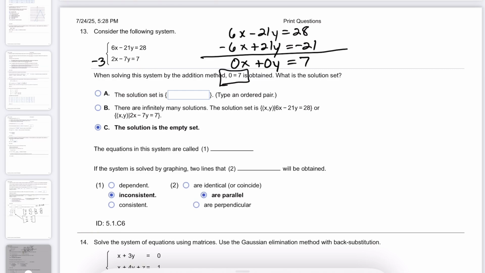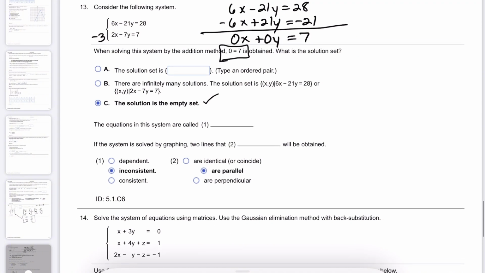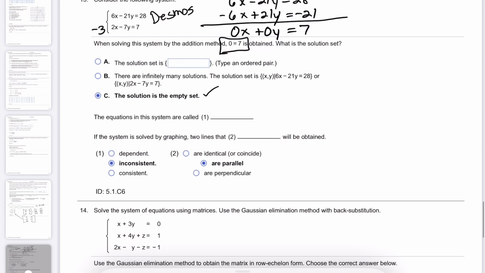So the solution set is empty. It is inconsistent, and inconsistent means that there's no solution. So that's right here. And then those lines are parallel, means they have the same slope. You can always graph both of these on Desmos as well, just to get the picture of what it looks like.